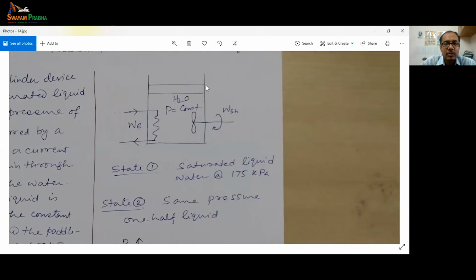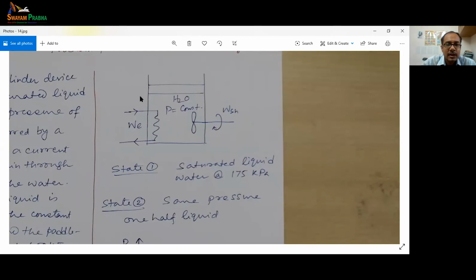Okay, so this is what is happening. This is a piston cylinder arrangement. This piston can move up and down, but this whole thing is insulated. No heat interaction is happening. What interactions are there? One interaction is that we have a paddle wheel which is giving mechanical work or shaft work. This SH stands for shaft work. That's what we are inputting here.